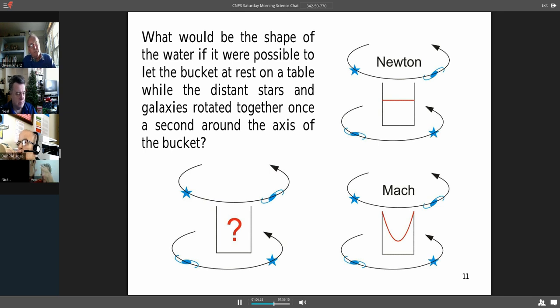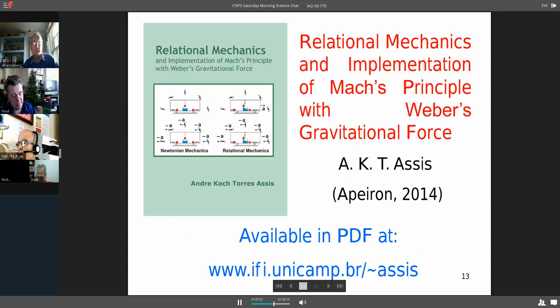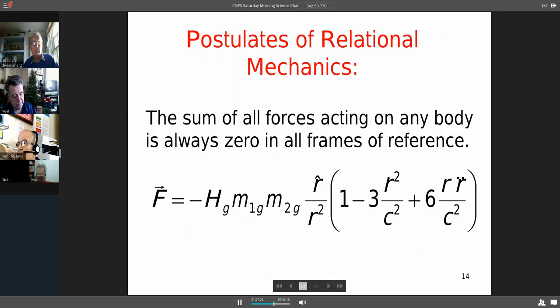But the main effect, according to relational mechanics, is that the concavity depends on rotation relative to the stars and galaxies. So this is a very nice question. If we could annihilate the stars and galaxies, then we would rotate the bucket and the water would not go up, according to relational mechanics.